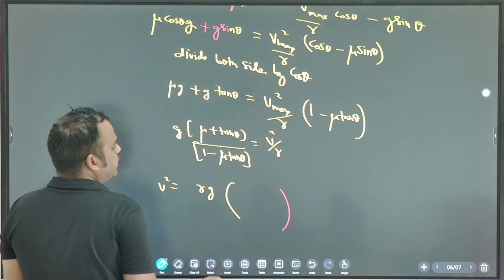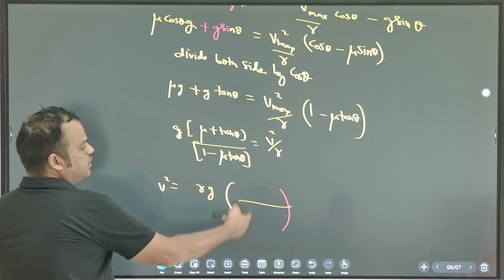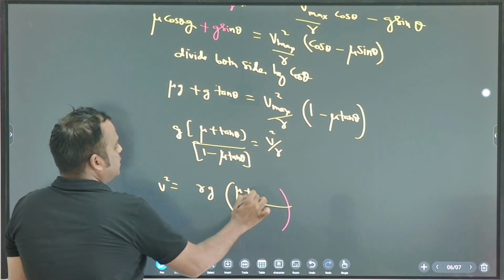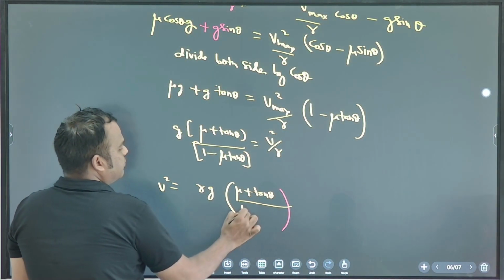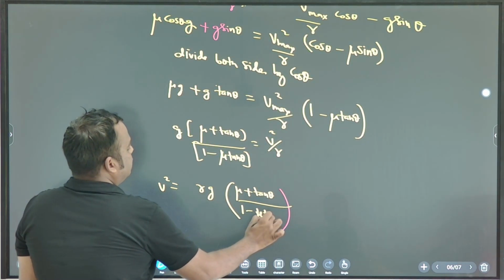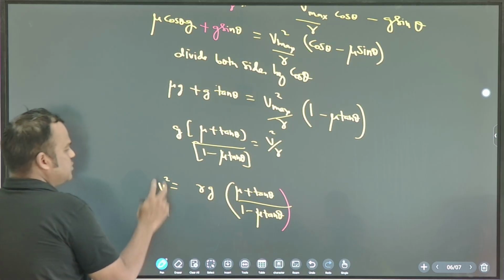RG bracket, what is numerator, denominator? Mu plus tan theta divided by 1 minus mu tan theta. Okay, clear? So this is the formula.